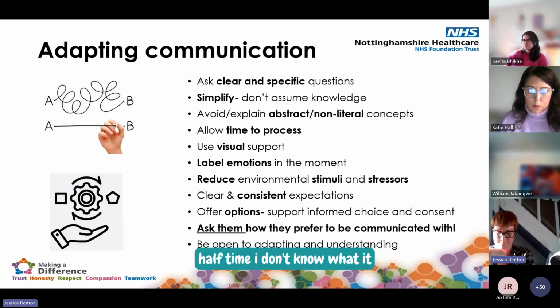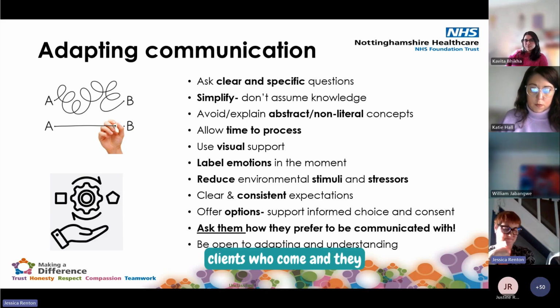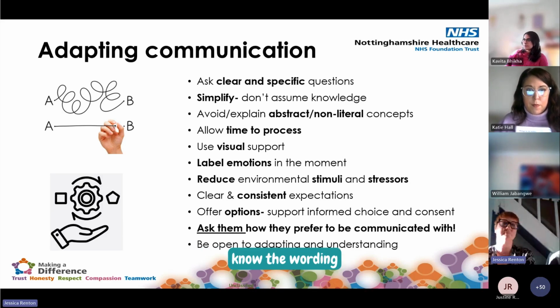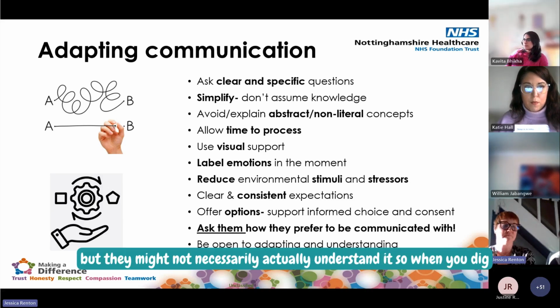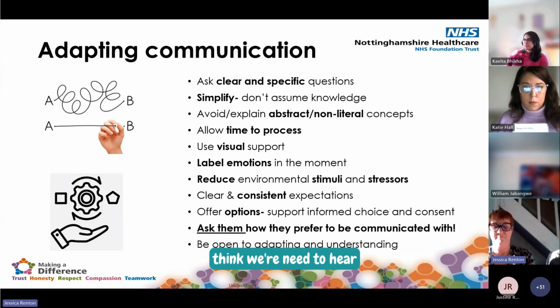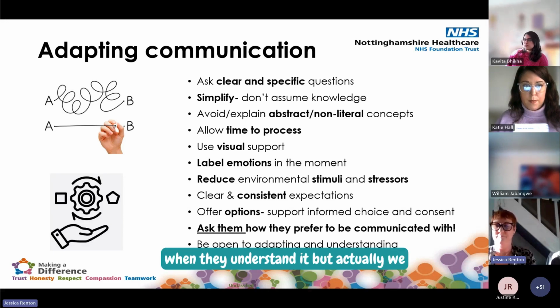Half the time I don't know what it is, and I work in it. Or we also have patients or clients who come and, correct me if I'm wrong, they do know the wording, but they might not necessarily actually understand it. So when you dig a bit deeper, yes, they might say the things we think we need to hear, and they understand it, but actually we don't.